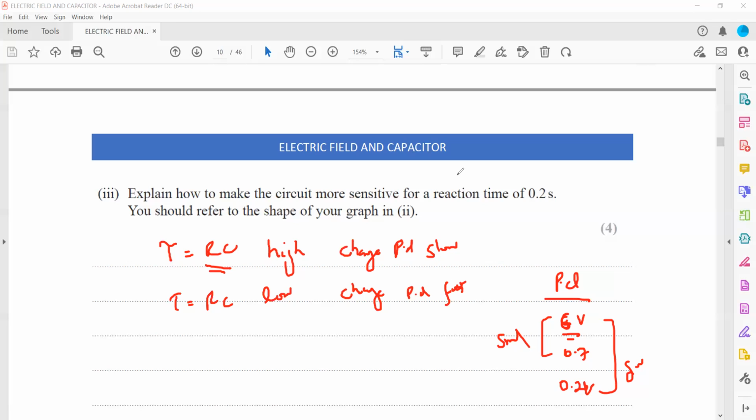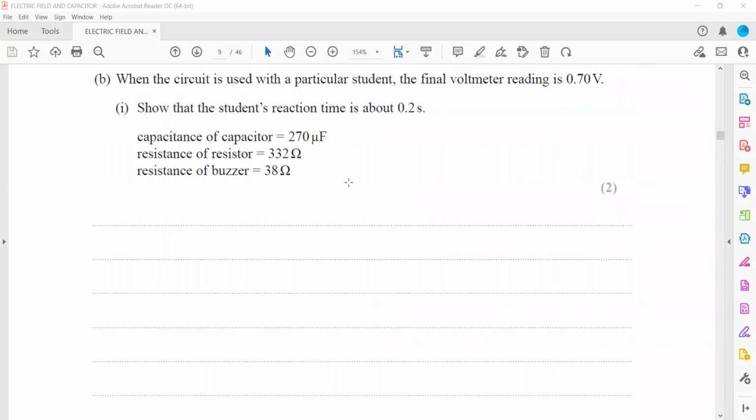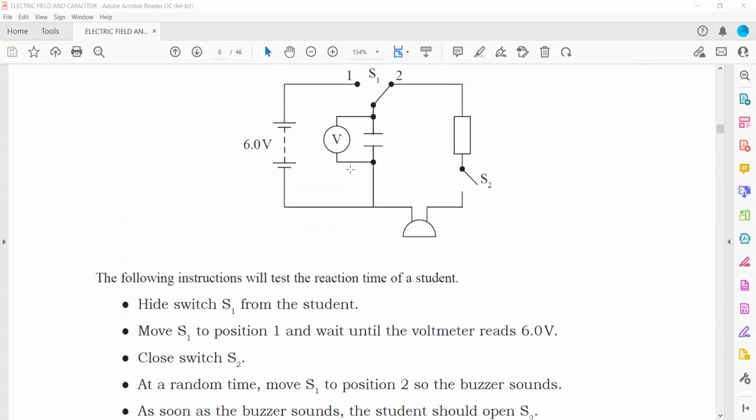So when the student is reacting, taking about 0.2 seconds, say initially the switch is closed, and when the switch is open, it is taking about 0.2 seconds. So we want the capacitor to discharge in 0.2 second, but not completely, so that still some charge is there. So this time 0.2 second must be equal to RC, the time constant.